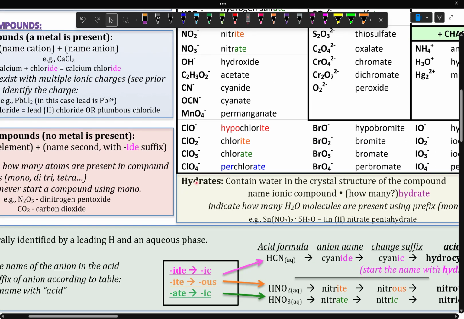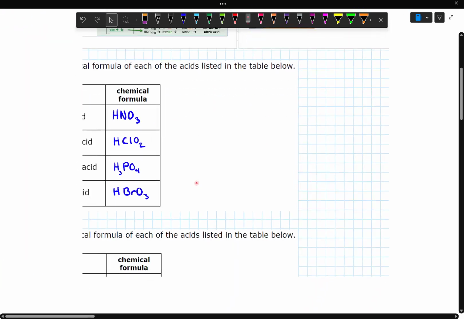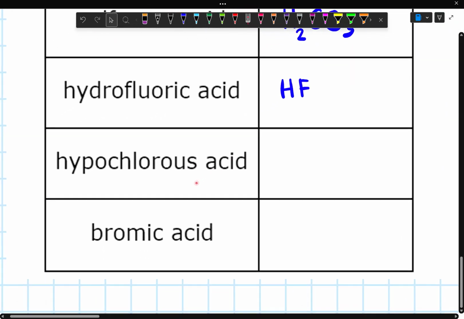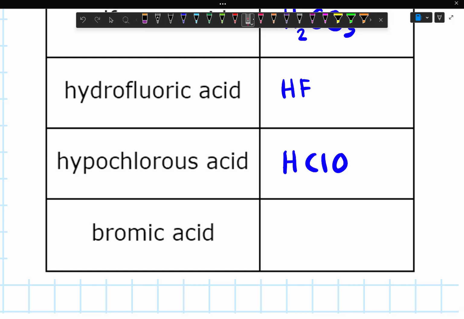We check up here, we've got an ITE ion here, but the problem asks for hypochlorous. So it's actually this one, ClO-, that we'll be dealing with. So ClO minus, we write out our hydrogen first, and then ClO, and we have a -1 charge there and a +1 charge there. That cancels, and we're good to go. HClO.